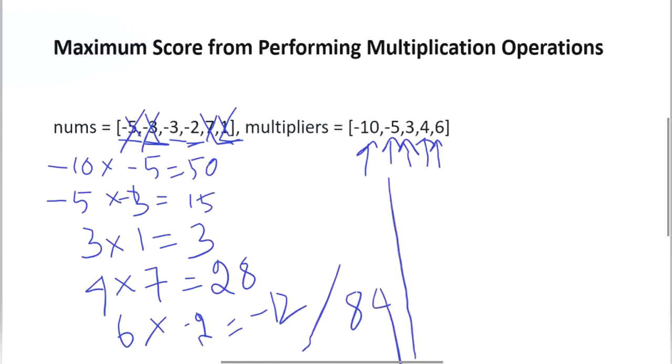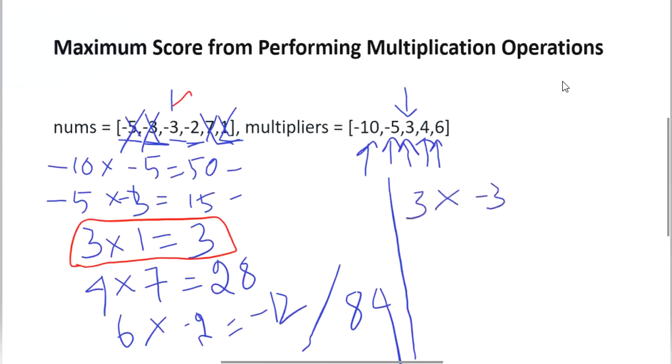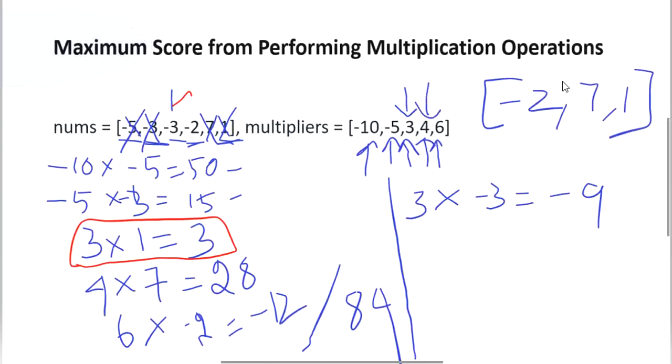But if you consider the first and second value as such, instead of this step, that is multiplying 3 with 1, let's consider we multiply 3 with -3. So in this case, if we multiply 3 with -3, we're going to get -9. As we have used -3, the rest of the values left in the nums array are going to be -2, 7 and 1. So now moving on to our value 4, let's consider we multiply 4 with 1.